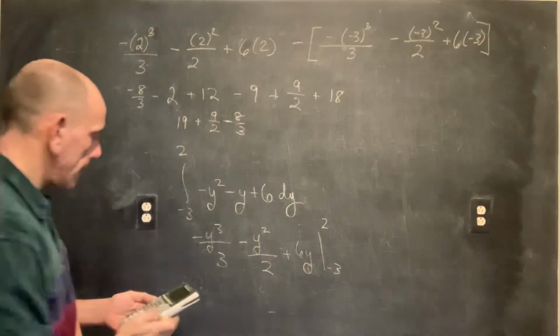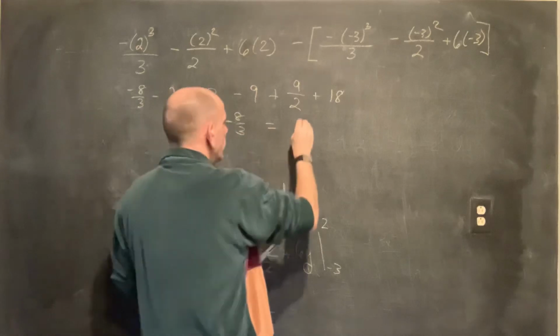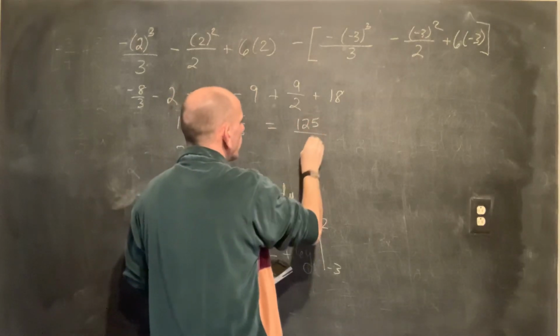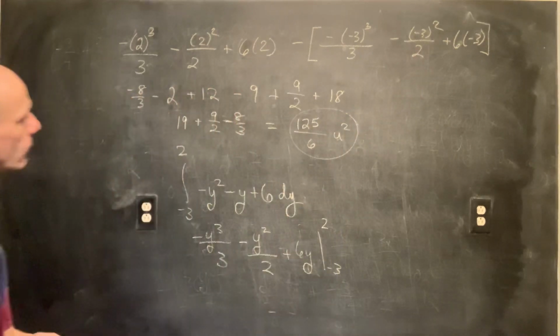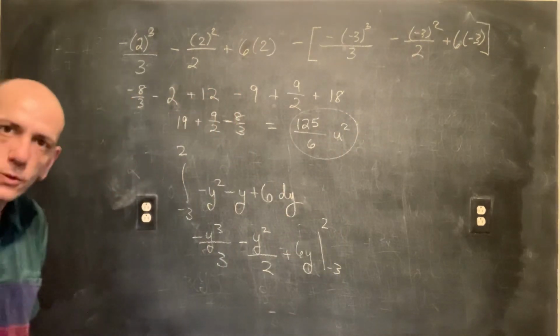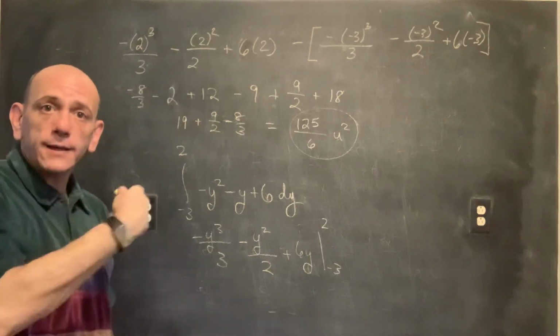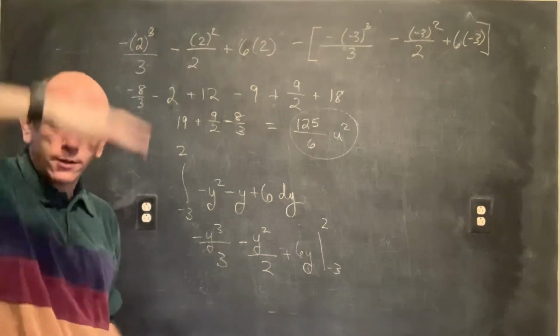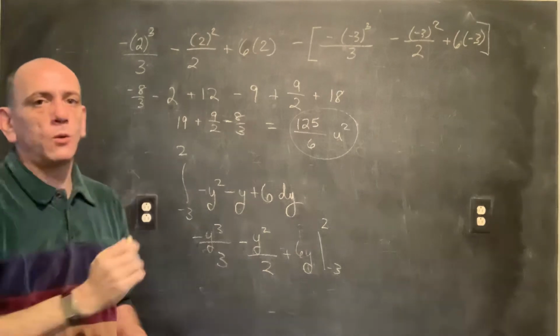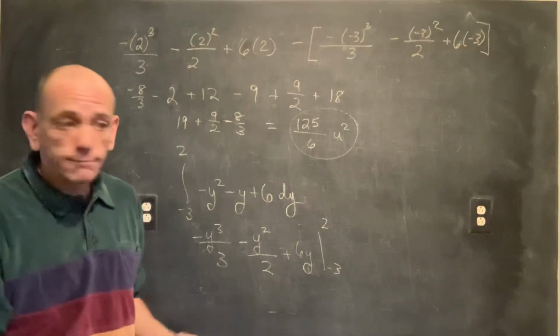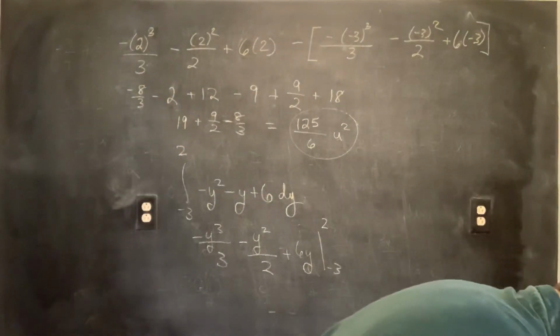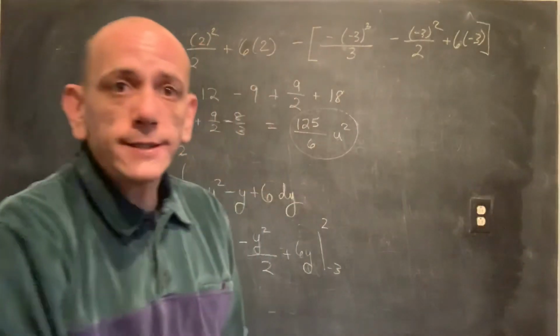Math to frac. 125 over 6 units. Okay, so we can just as well do those dx, and we're looking for the ones that are greater upward, or dy where we're looking for greater to the right. Same difference. Okay, that's area between curves.